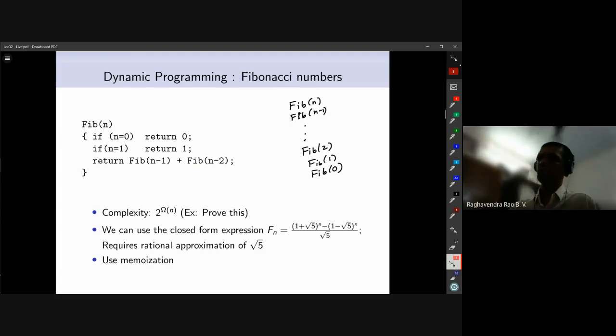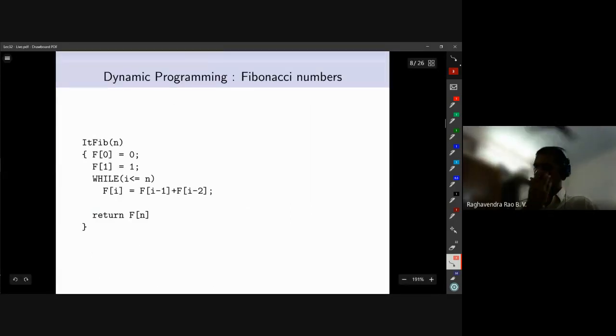So what you can do is store these values. You can store fib 0, fib 1, then use them to compute fib 2, and so on. That's a very natural iterative algorithm. So here it is. In the iterative version, you initialize the initial elements of the array: f is an array, f0 is 0, f1 is 1.